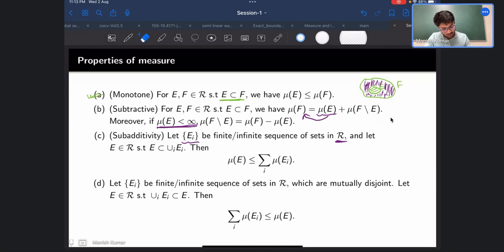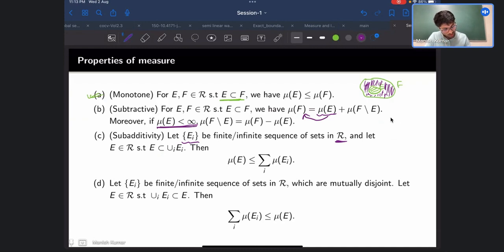Now here you see this E_i need not be pairwise disjoint, and that is why this inequality comes up. If they were pairwise disjoint and E is equal to the union, this would be an equality from the definition. But here we don't assume that.